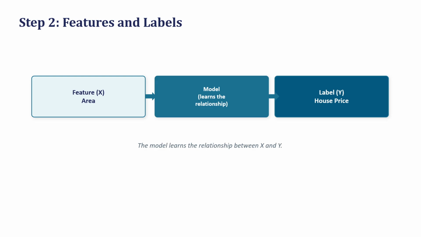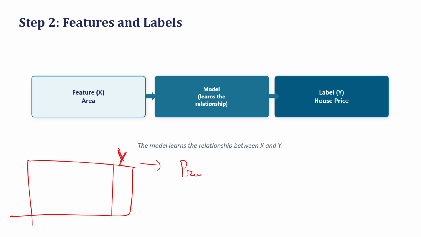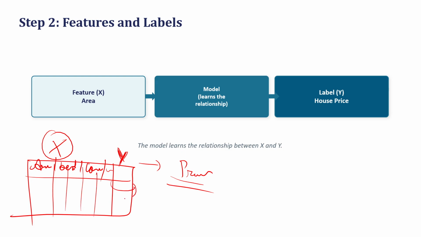The second step is features and labels. Once you have data, you figure out what output you are expecting. Say in house price prediction, it is the price, and it is labeled as y, or output, or label. The features are X, which is the input: area, bedrooms, location, types of services available in that area, and all these factors that affect the output.